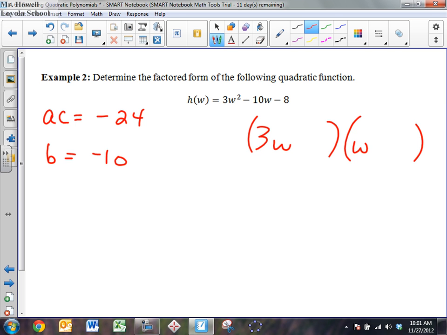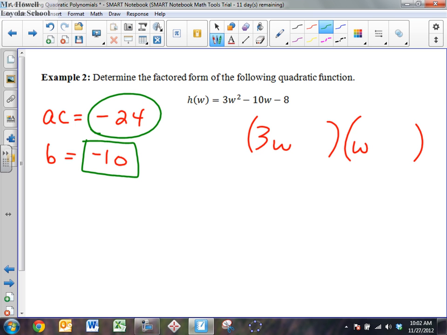In the last example, we looked to see what numbers multiplied to give us C and added up to B. But really now, as Nick said, we look for what two numbers multiply to give us this number and add up together to give us this number here. Okay? So we have to think, what are the factors of negative 24 that add up to negative 10?